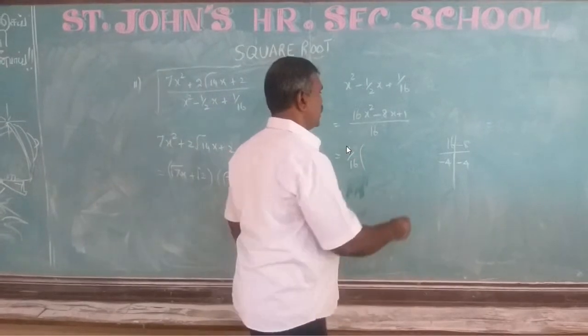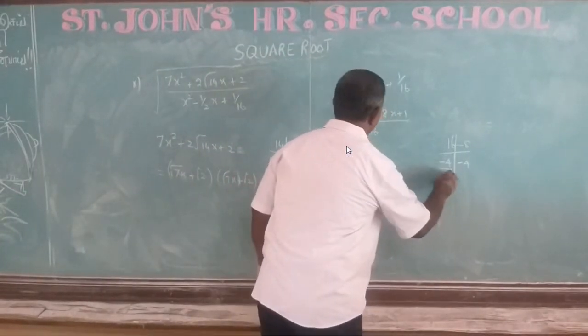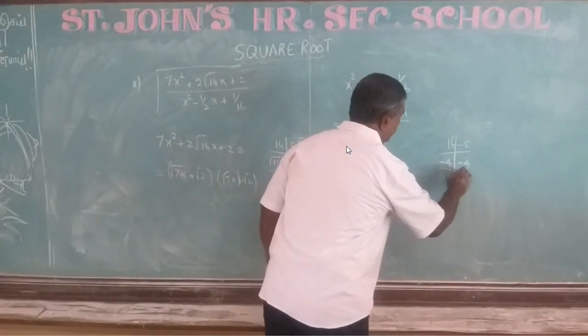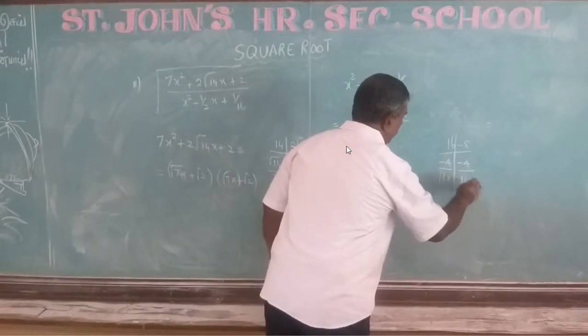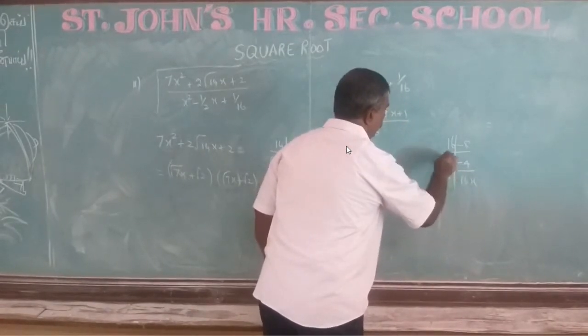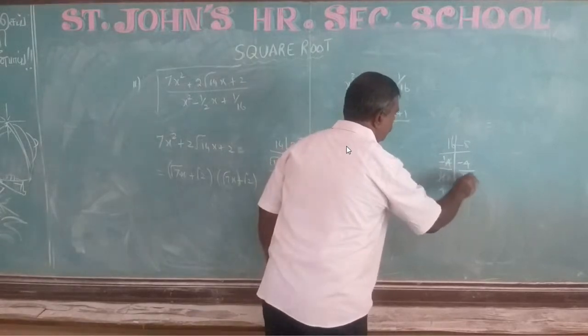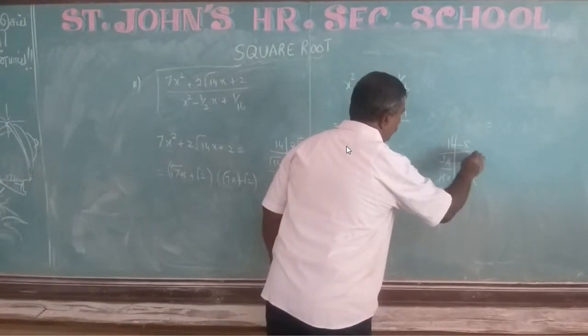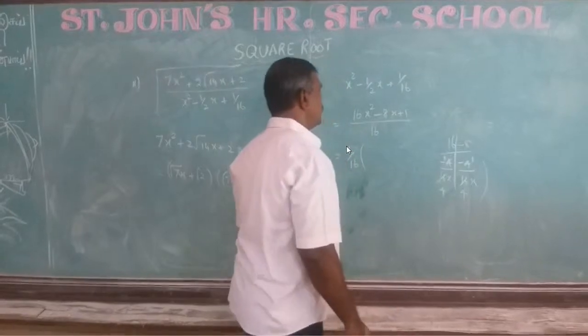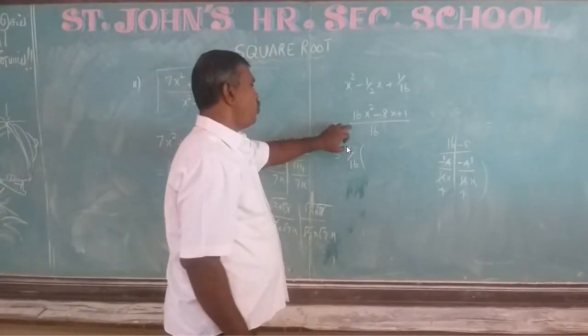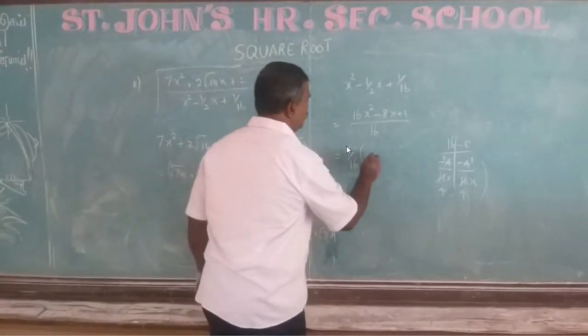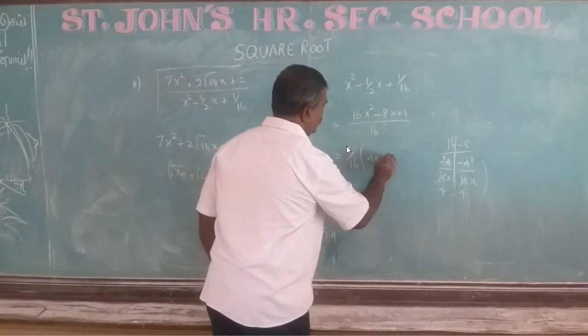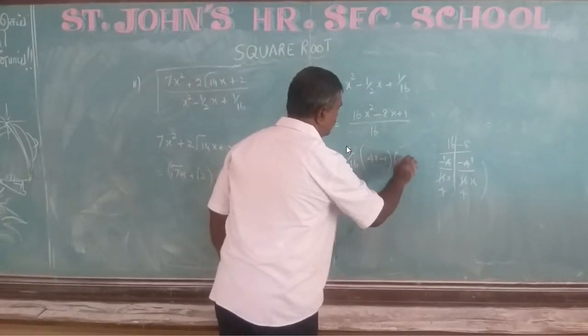Divided by 4x, 16x, 4, 4, 1. Therefore, the answer is 4x minus 1 into 4x minus 1.